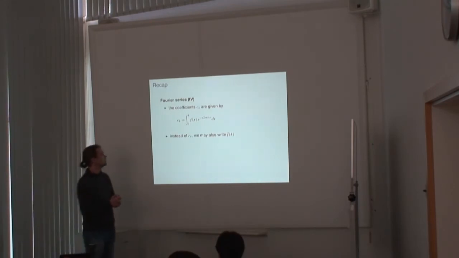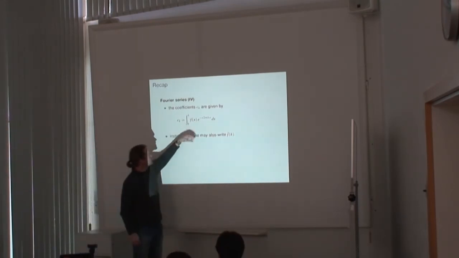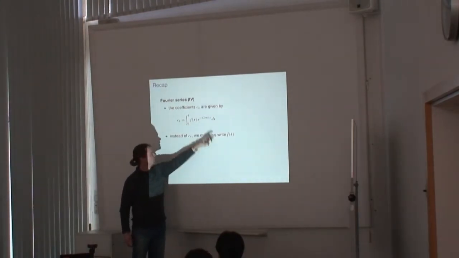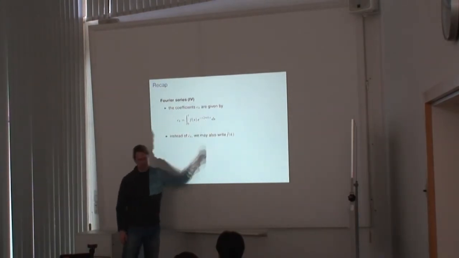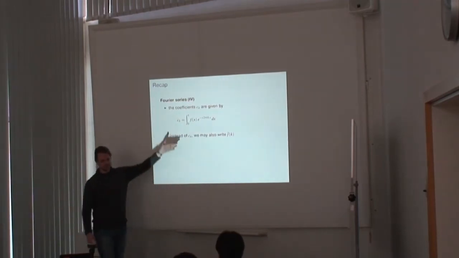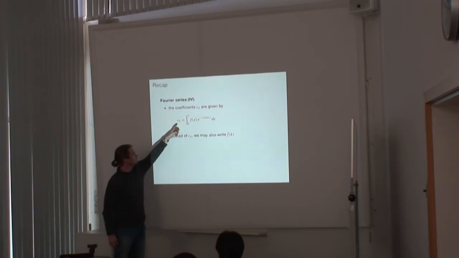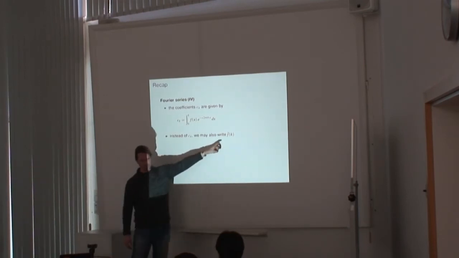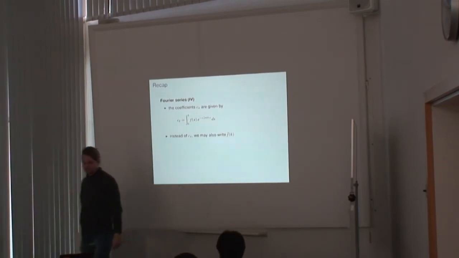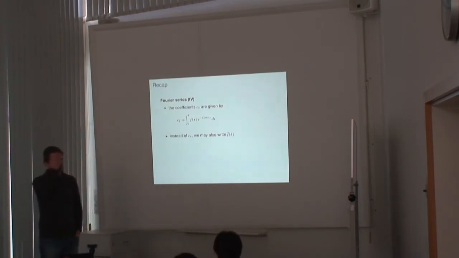But at the same time, we may understand this integral as a function, let's call it f hat, of k. Because for different k's, we might get different results here. So instead of treating it as a number, we may also treat it as a function. And let's call this function f hat of k. Why is it called f hat of k? I didn't think of any other name. So it's just a name.